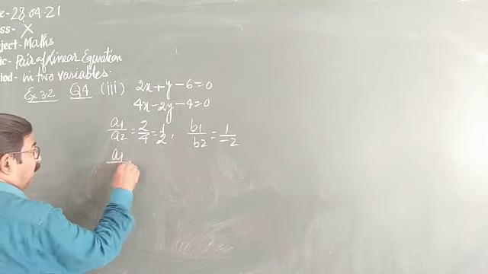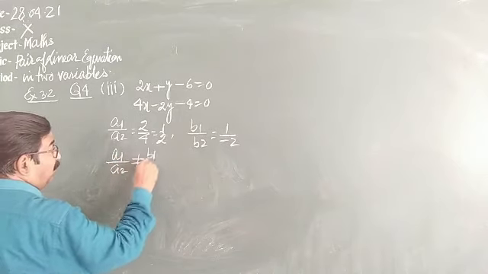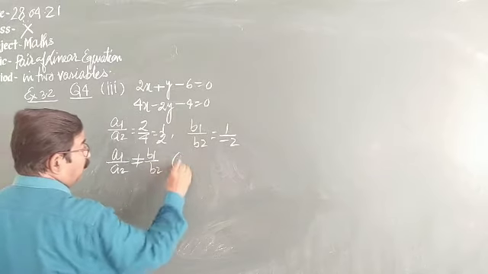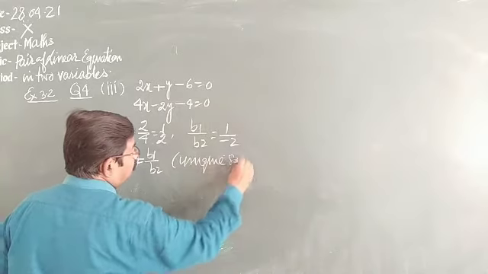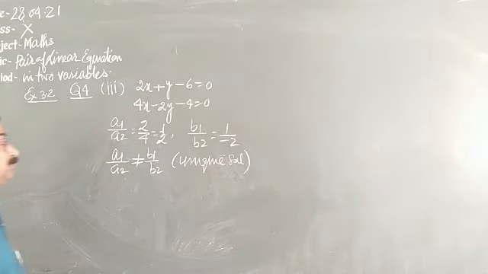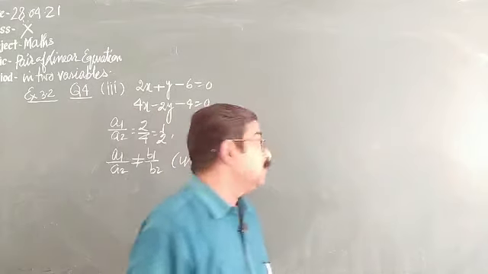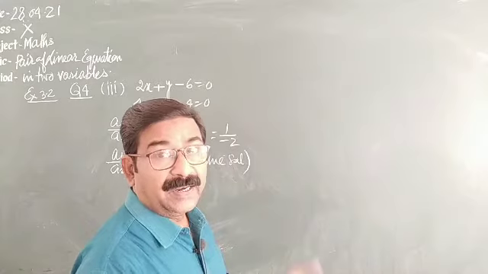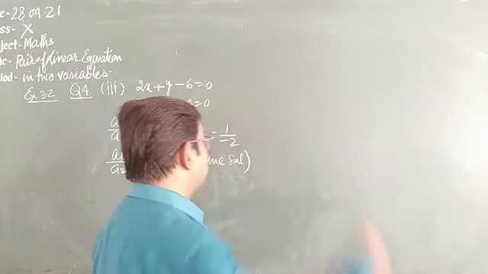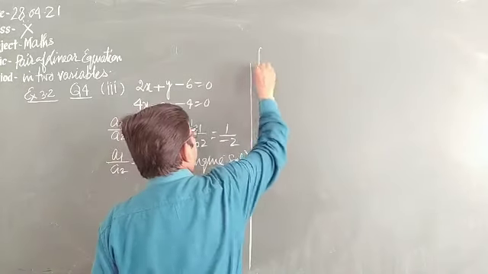So a1 upon a2 is not equal to b1 upon b2. So we have a unique solution. Now you know how to plot the graph. I am just going to find the points and after that you will plot the graph yourself.